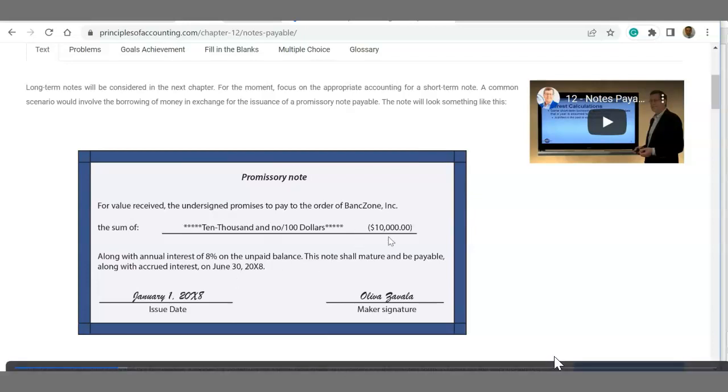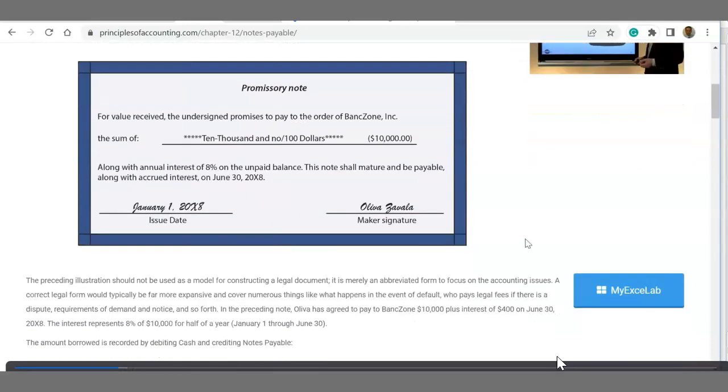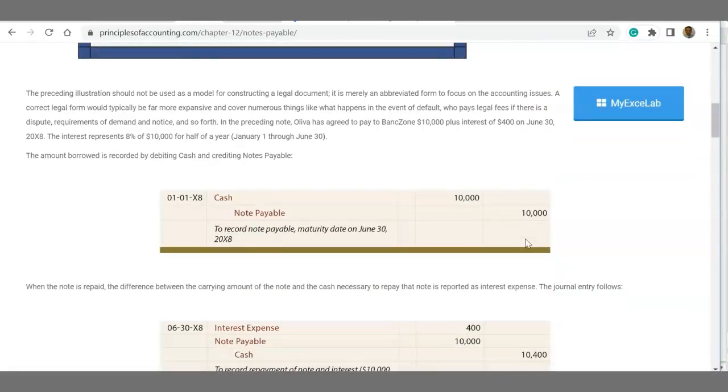So this is a 6 month promissory note. The journal entry for the promissory note is recording of borrowing of $10,000 for the company and recognition of liability for this note payable. And because it's a 6 month note, this is a current liability.